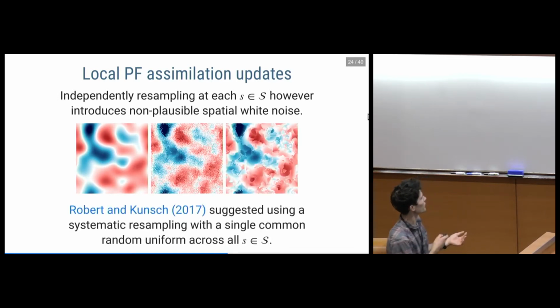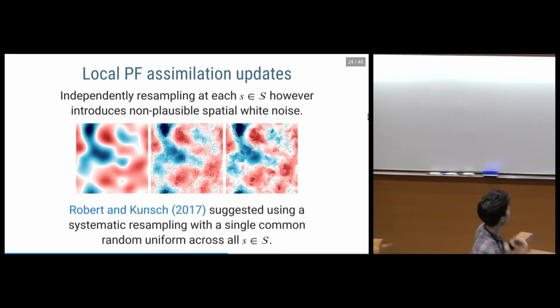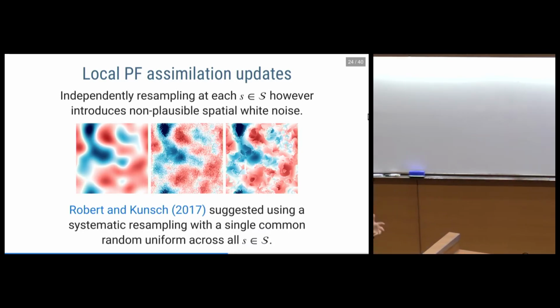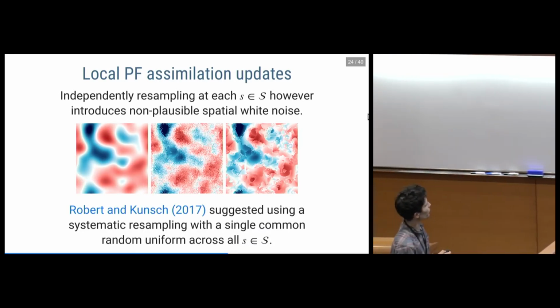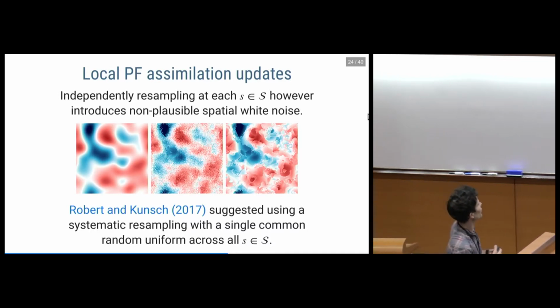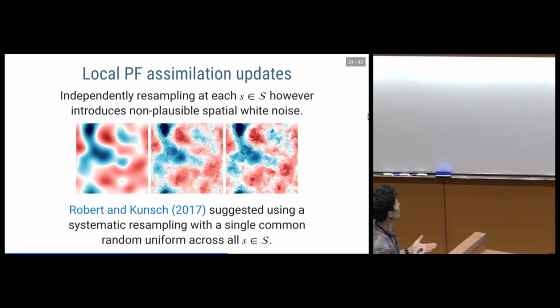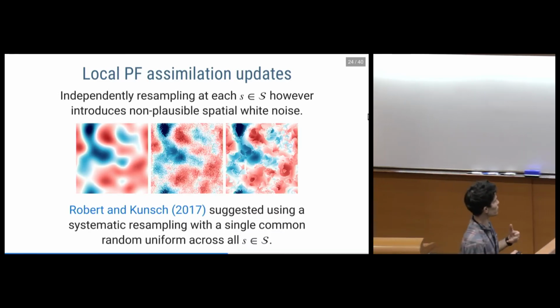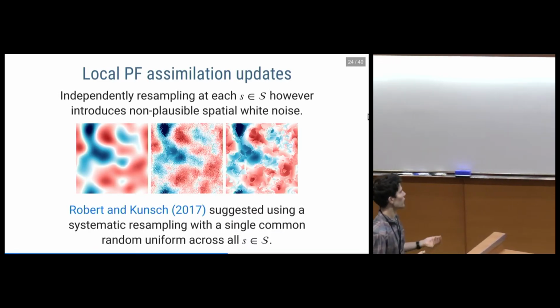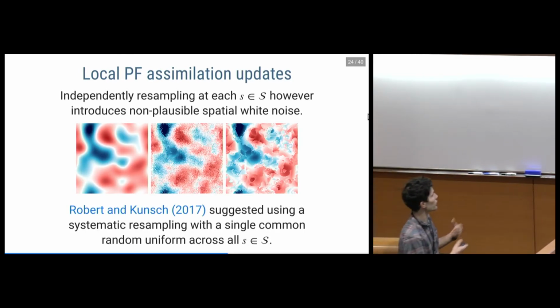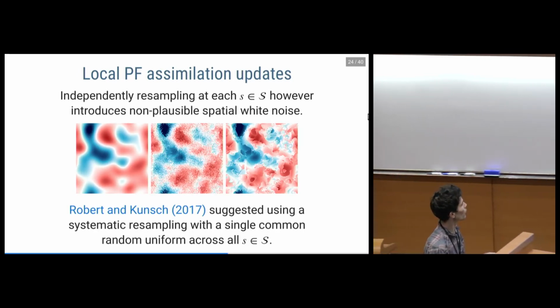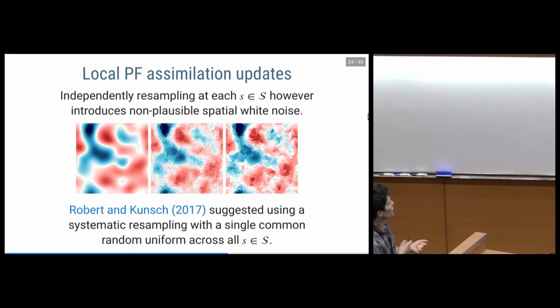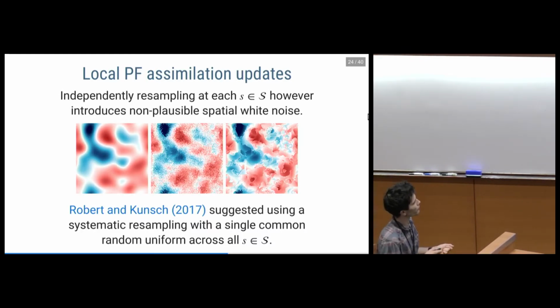Within the ensemble Kalman particle filter paper of Robert and Künsch, they suggest one way which can remove quite a lot of that noise, which is, rather than using independent random draws for every spatial location, to use effectively a common random draw across all spatial locations, and to use a systematic resampling scheme such that we only need one random uniform to define the overall resampling. If you implement that in practice, you get fields which look somewhat more like this.